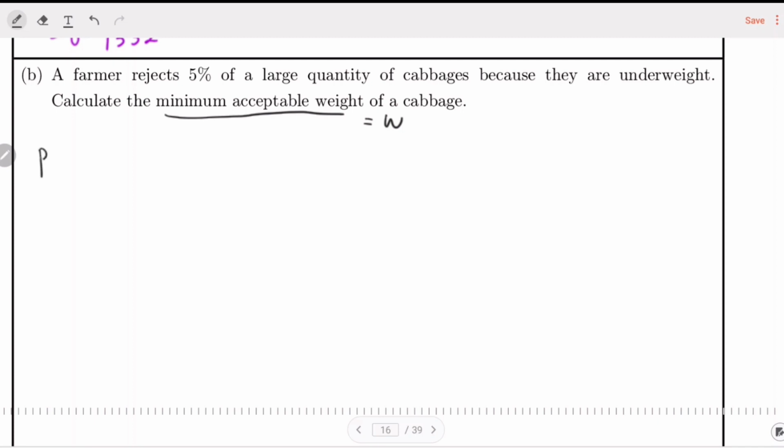So if the mass of cabbage is less than W, the farmer is going to reject it. So the probability for a farmer to reject the cabbage is 5%, or in point it is 0.05. Right, and then as usual, the first step is to standardize.